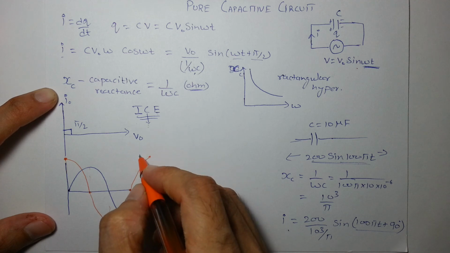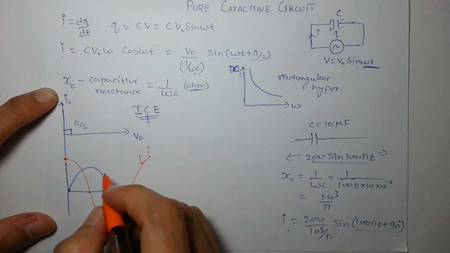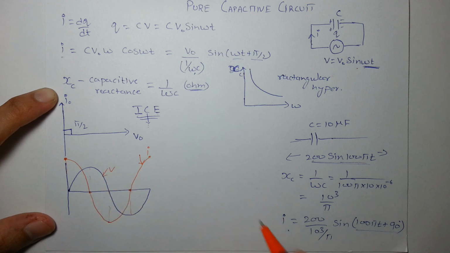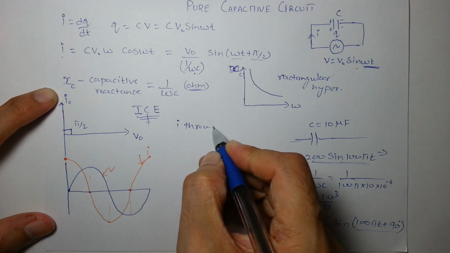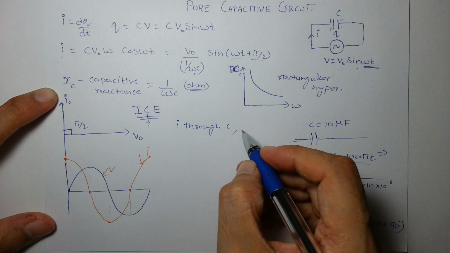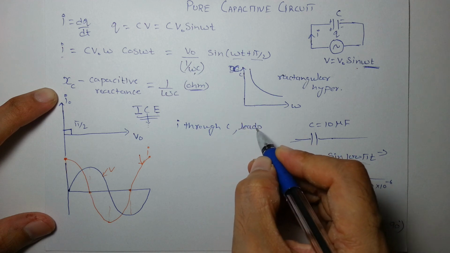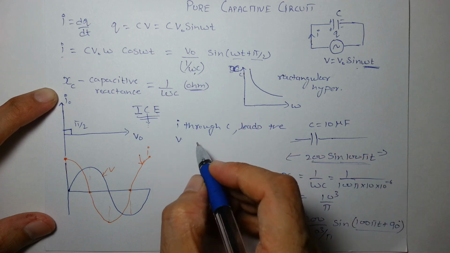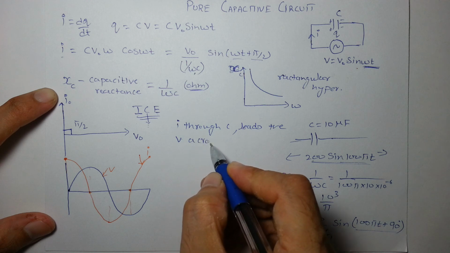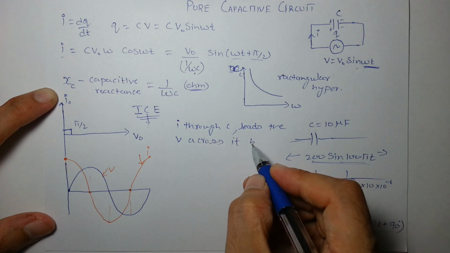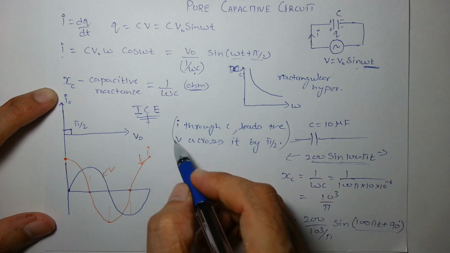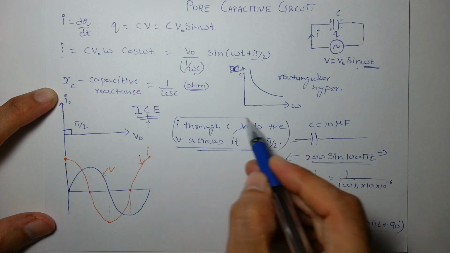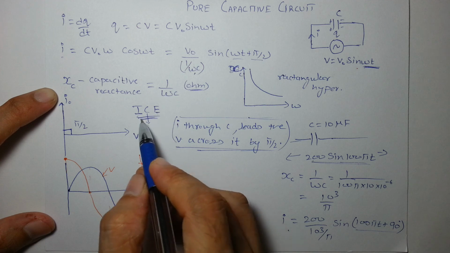Okay, so this orange is current and this is the voltage graph. The line you should remember is: current through capacitor C leads the voltage across it by pi by 2. This is again a very important line. Just remember this word, ICE.